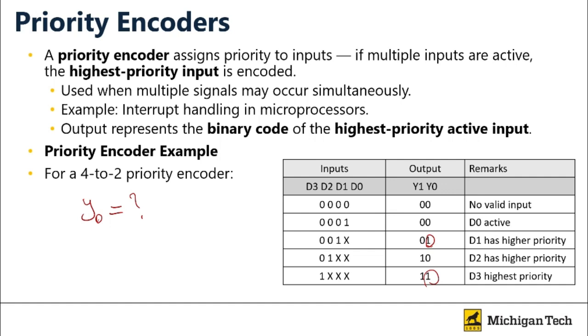D3 bar, D2 bar, D1 plus D3. Right? So D3 plus D3 bar, D2 bar, D1.